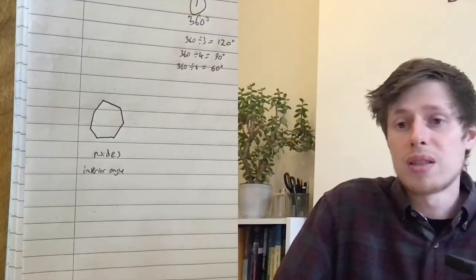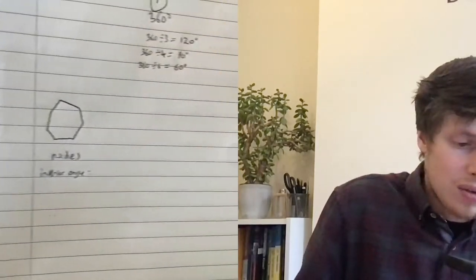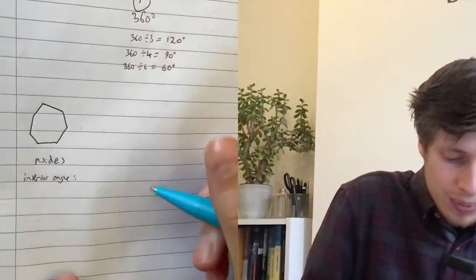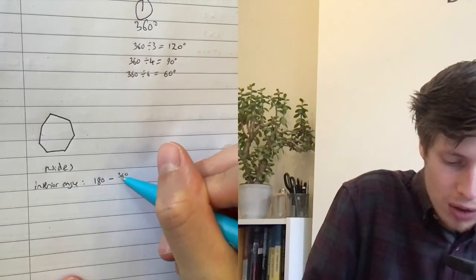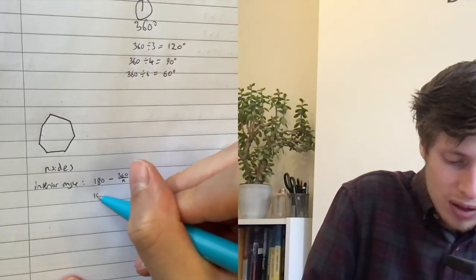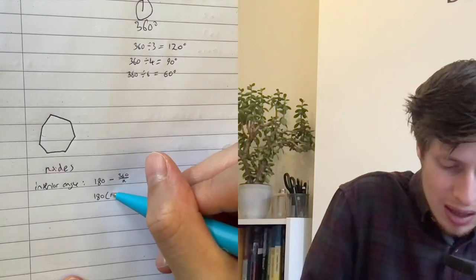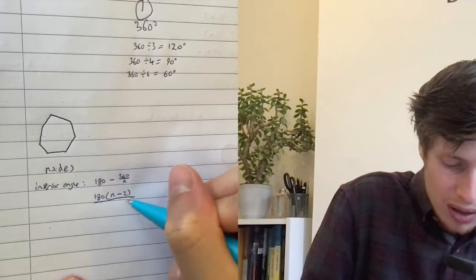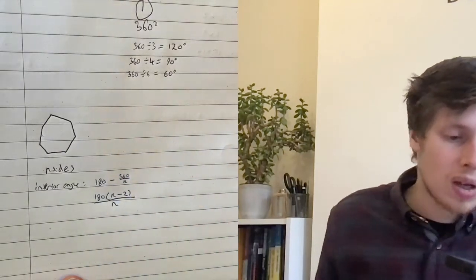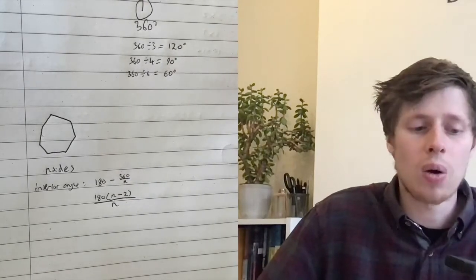There's a formula for the interior angle of a shape, and that is this, okay? If you want to find the interior angle, you do 180 take away 360 over n. Another way of doing this that you might have seen is 180 times (n take away 2), and then divided by n. So these are two formulas that give you the interior angle of a shape.